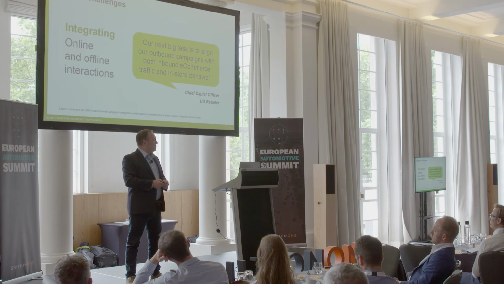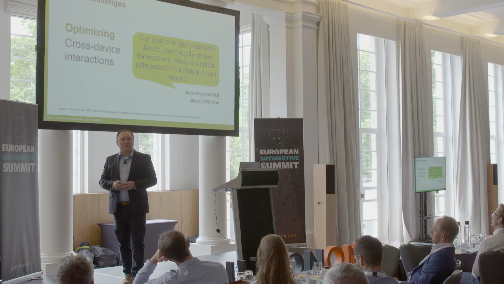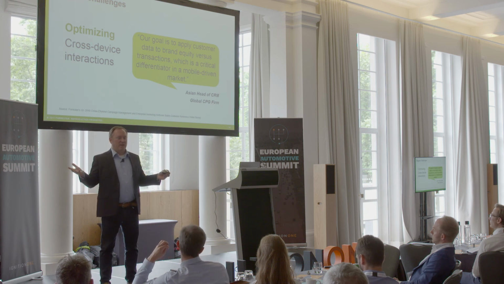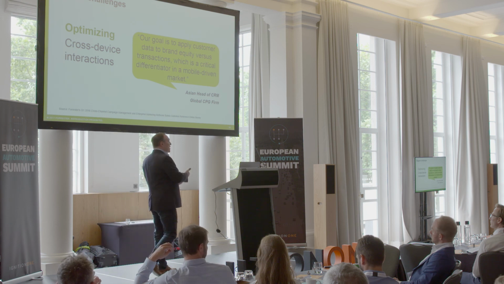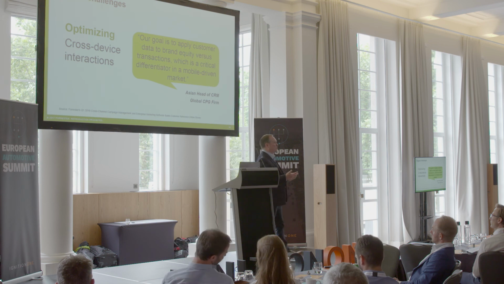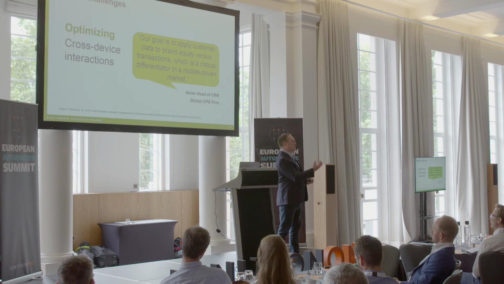The next problem that people tell me they have is trying to optimize for those cross-device interactions. And this becomes an identity issue in a lot of cases, but it also has to do with trying to differentiate ourselves in a market where customers are on the go. So too often when I talk to customers, they think of mobile as the device. And we don't think of mobile as the device.